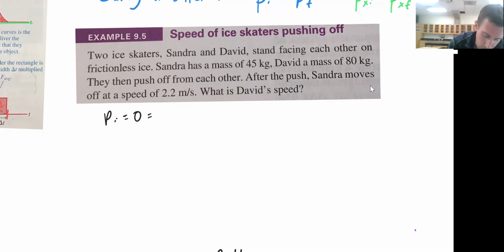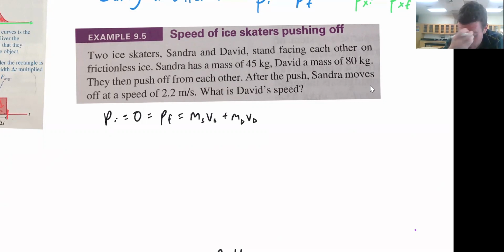And that has to be equal to the final momentum, which is equal to the momentums of each of them, in opposite directions. That would be the mass of Sandra times the velocity of Sandra, plus the mass of David times the velocity of David.